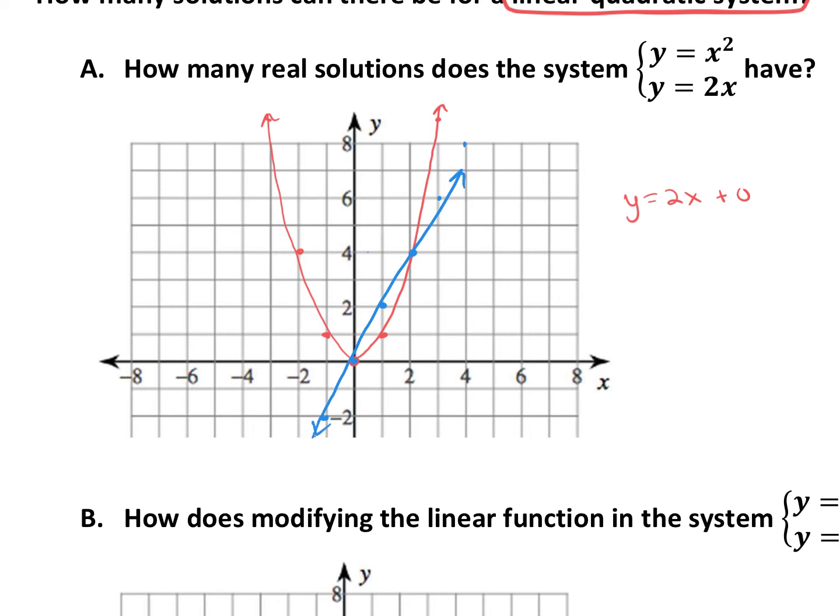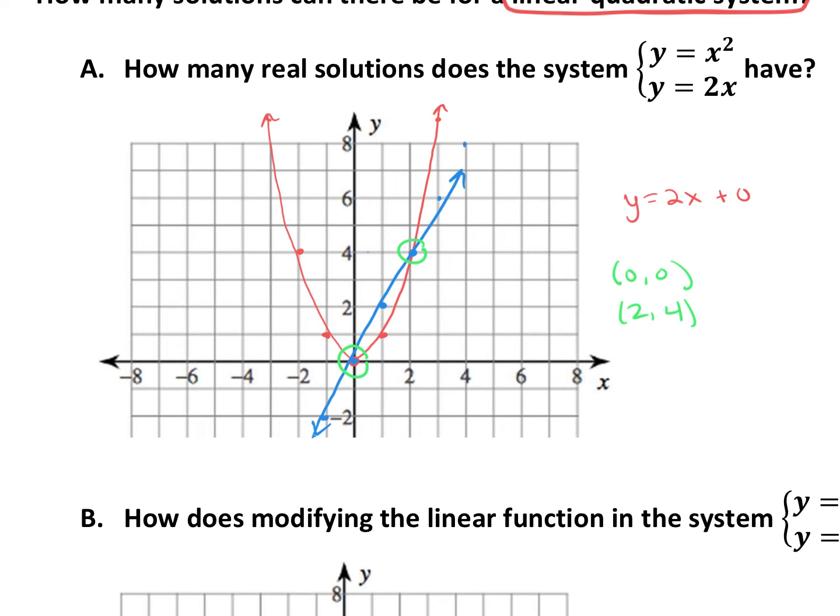Well, that wasn't super straight, but how many real solutions does the system have? Your solutions are the points of intersection. So we can see that we are intersecting right here. That ordered pair is 0, 0, and we can see that we are intersecting right there. That ordered pair is 2, 4.